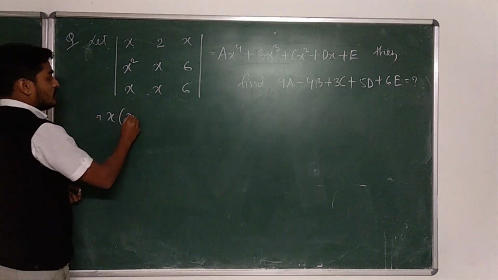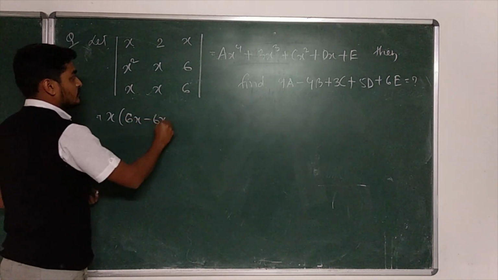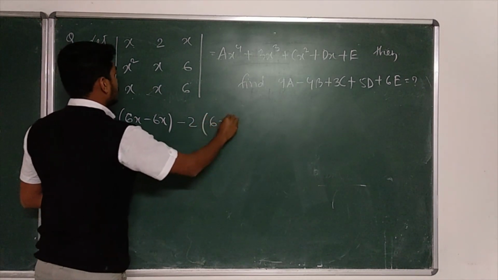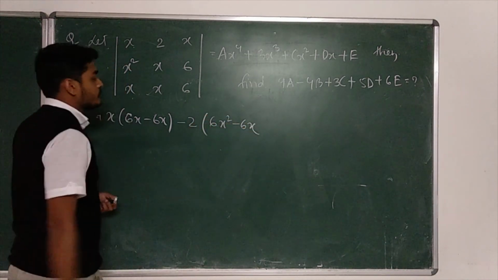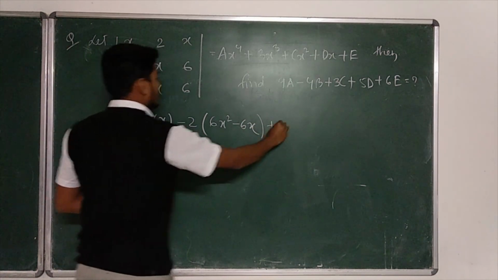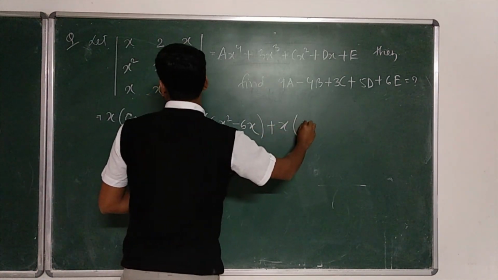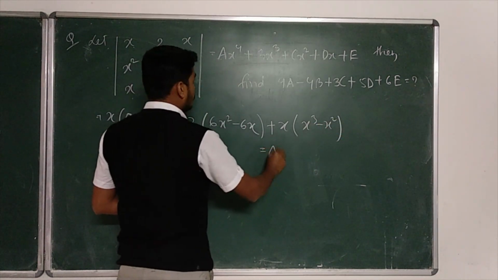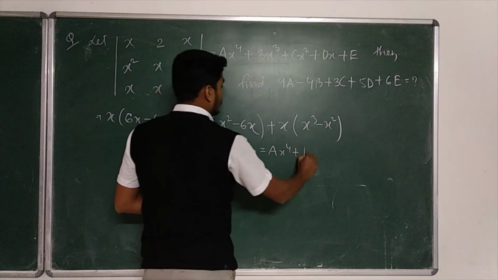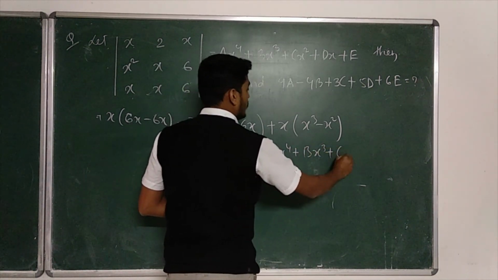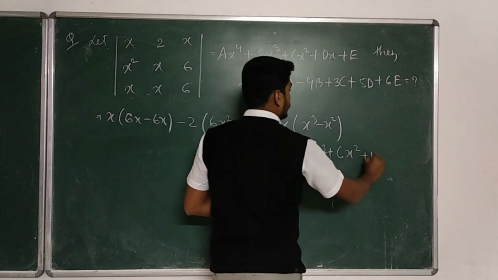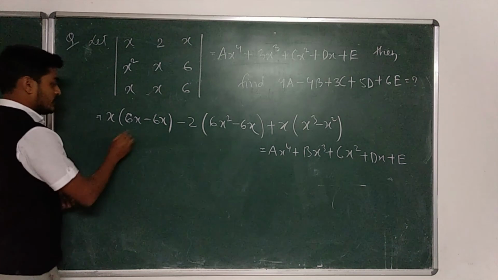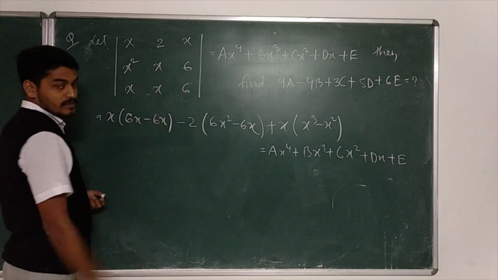So for x it will be 6x minus 6x. Okay, minus 2 it will be 6x square minus 6x plus x plus bx cube plus cx square plus dx plus e. So we try to rearrange them. 6x minus 6x.